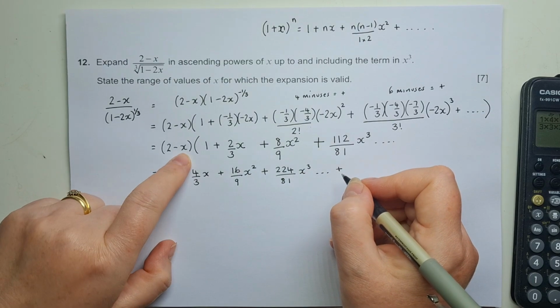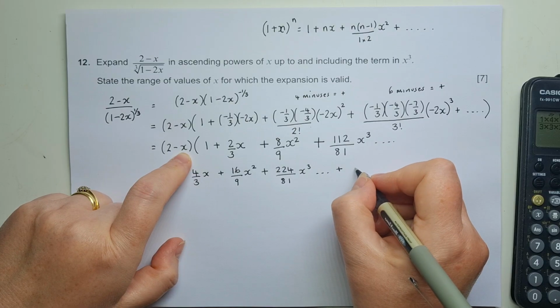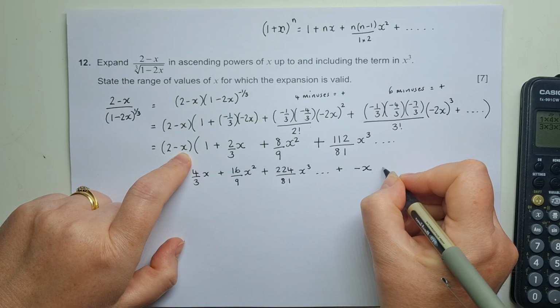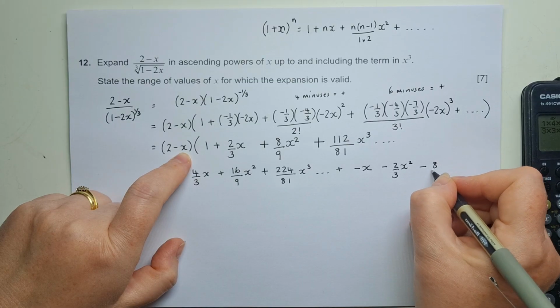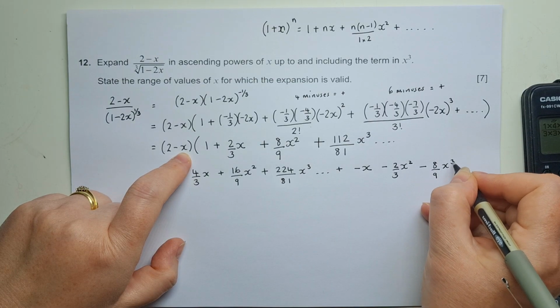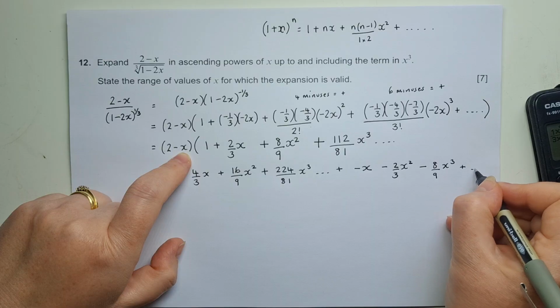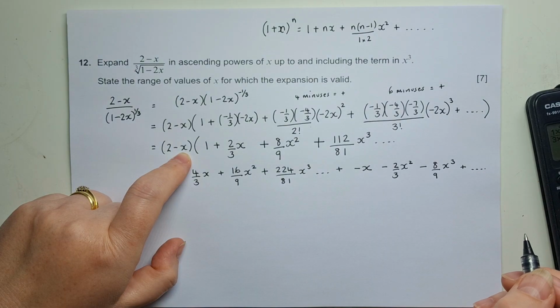And then we're going to multiply out with the minus x. So I get minus x minus 2/3 x squared minus 8/9 x cubed. I'm not going to write the next term because I don't need the x to the power 4 term.